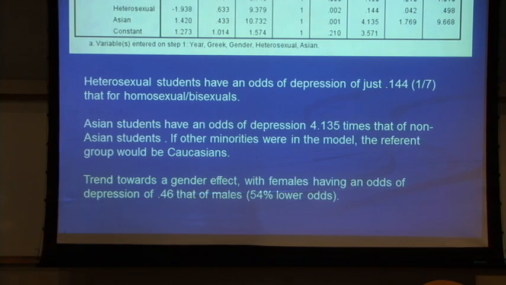But if the odds ratio was 1.5, then we'd say the odds are 50% greater in that group than the comparison group. Yeah, Katie. How do you know that it was females who had 0.46 as opposed to? Yeah, you have to see how gender was coded. Whichever group is coded 1, that's the one you're interpreting relative to the 0 value.